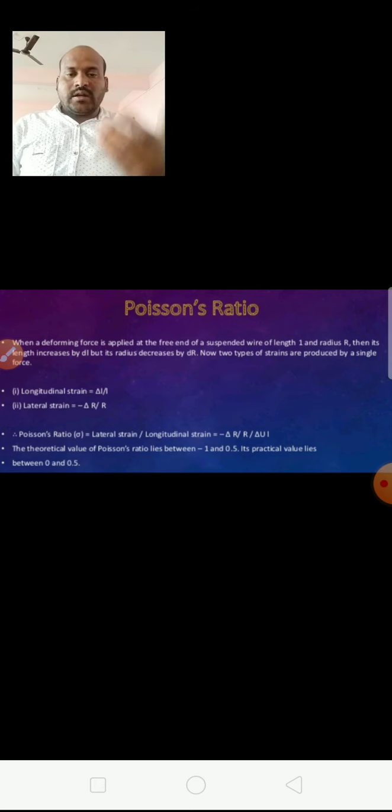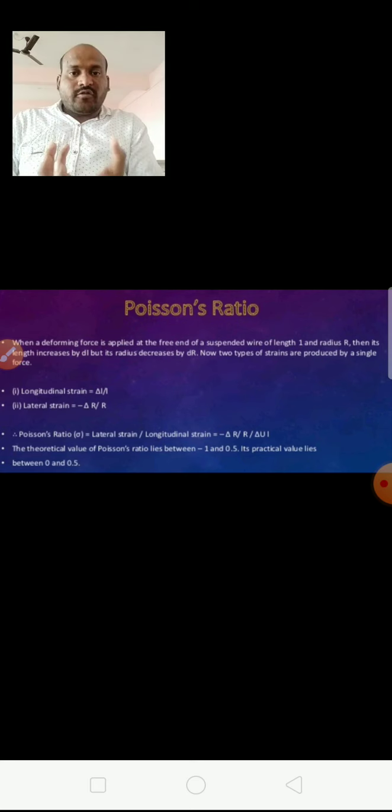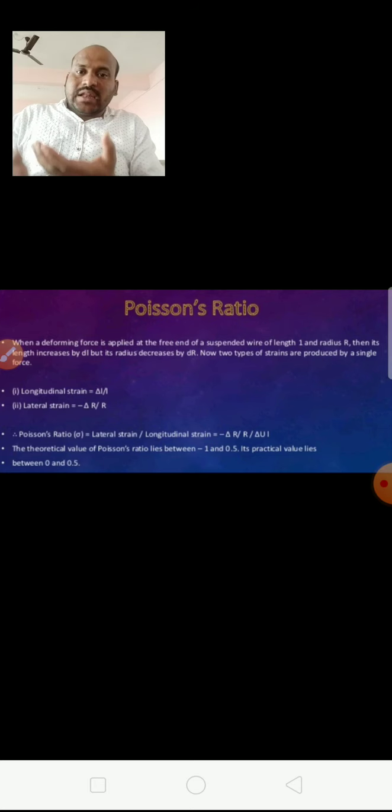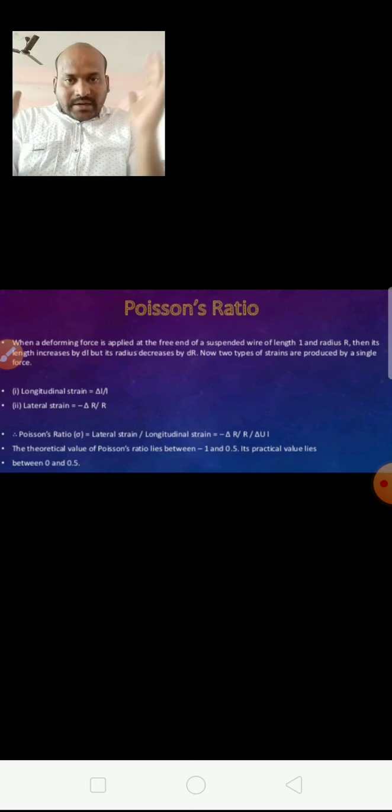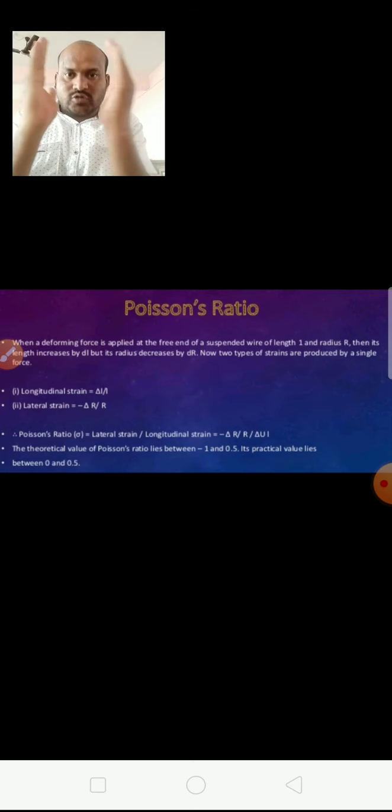You all know this very well. If you apply the force below, the length goes on increasing, and automatically the diameter, that radius, should decrease.